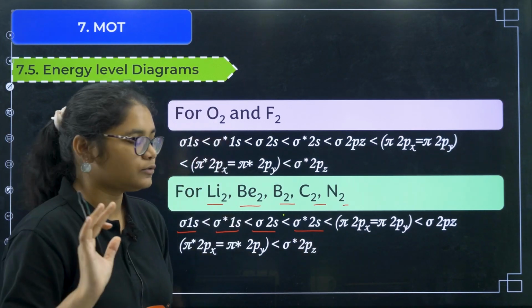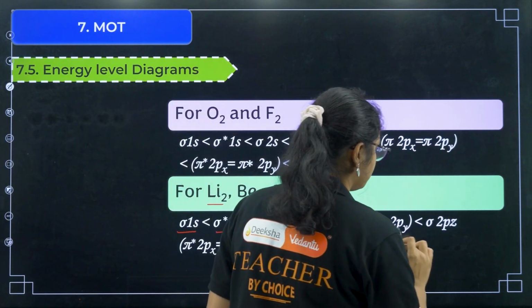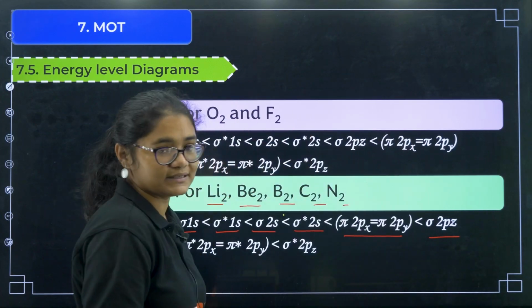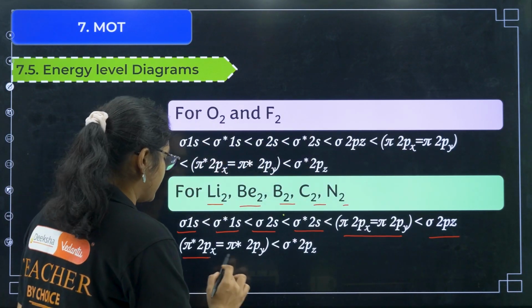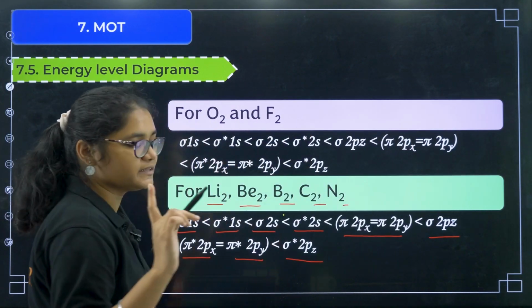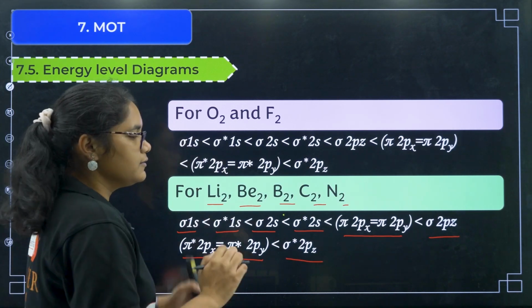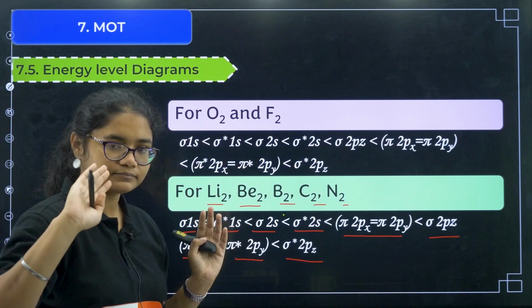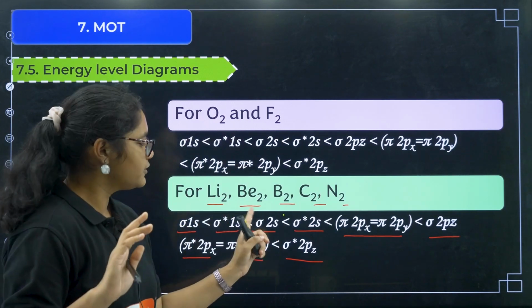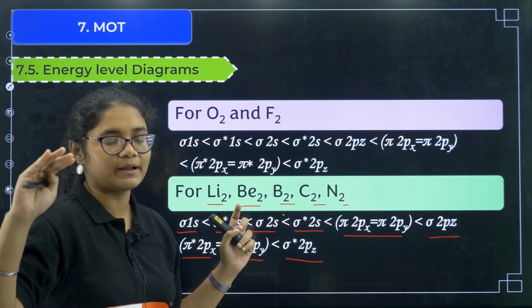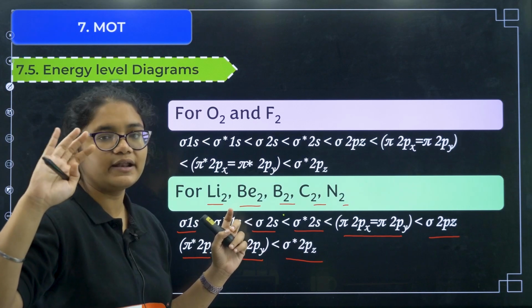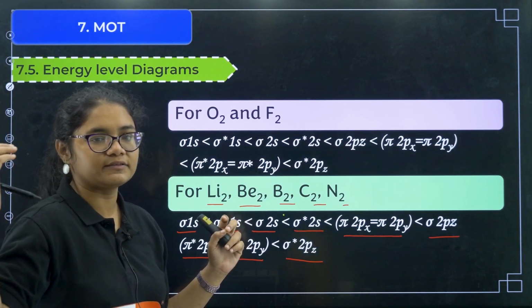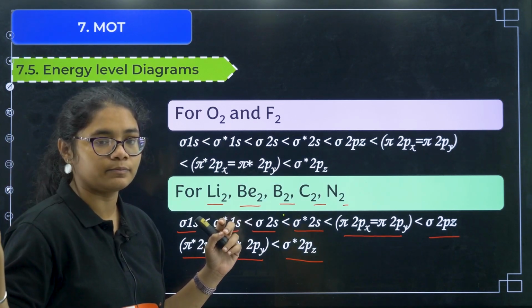After sigma star 2s we have pi 2px, pi 2py, and then sigma 2pz. Then we have pi star 2px, pi star 2py, and then sigma star 2pz, okay. So for these elements we have pi 2px, pi 2py and sigma 2pz, then pi star 2px, pi star 2py and sigma star 2pz.